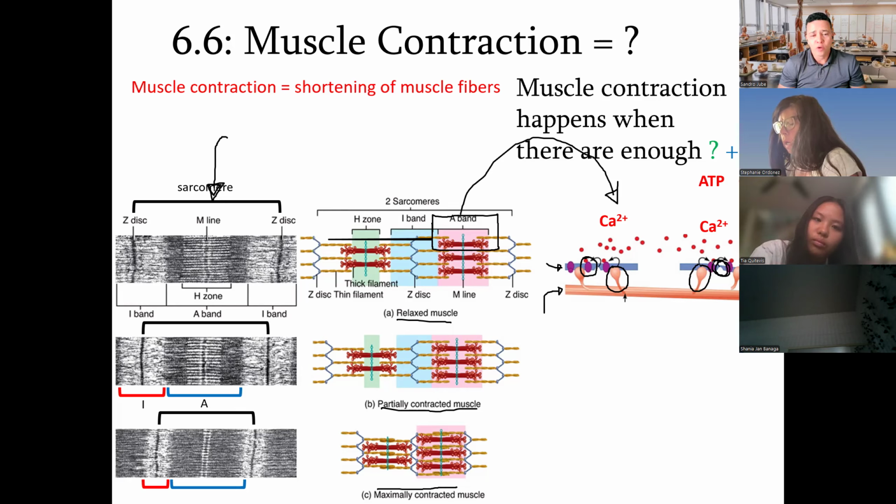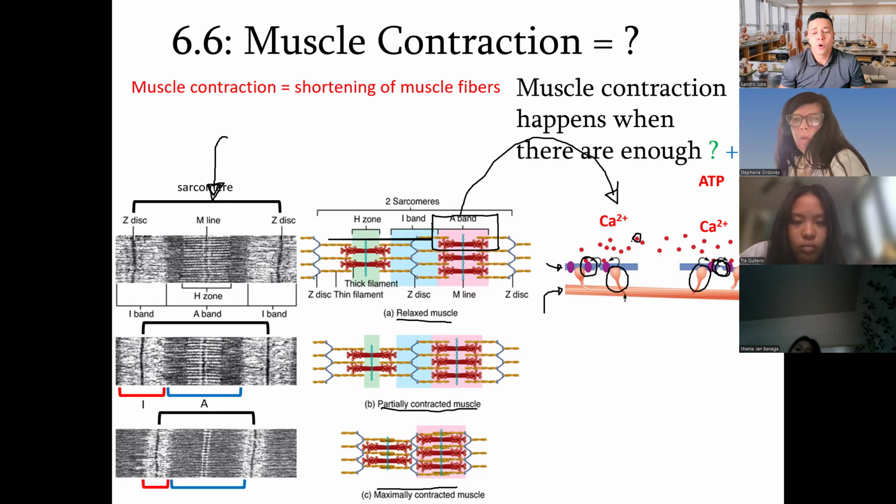So now, in order for us to contract a skeletal muscle, we need to send a signal to the skeletal muscle cell telling the sarcoplasmic reticulum to release the calcium into the cytoplasm. And we can see these little red spheres right here, guys. These represent the calcium. What is the calcium going to do?